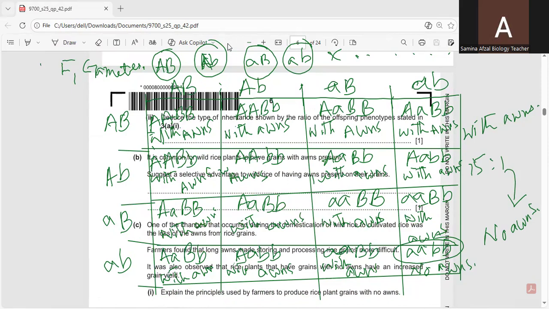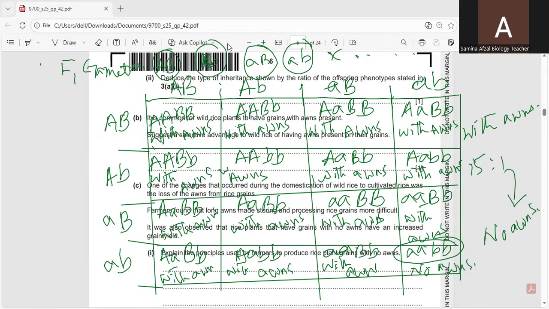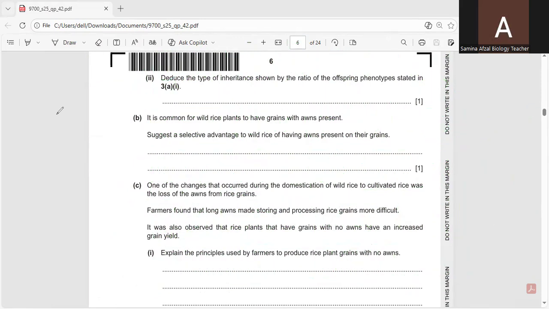Now moving towards the next part of this question: deduce the type of inheritance shown by the ratio of the offspring stated in 3a1. In this case, you can see the F2 generation ratio was 15:1.